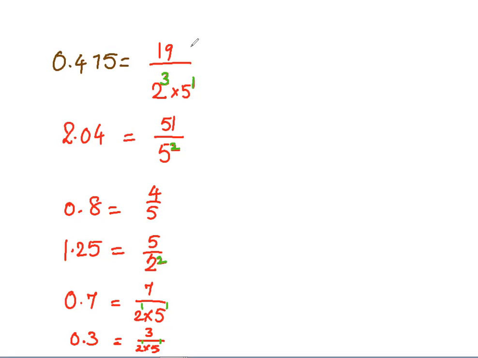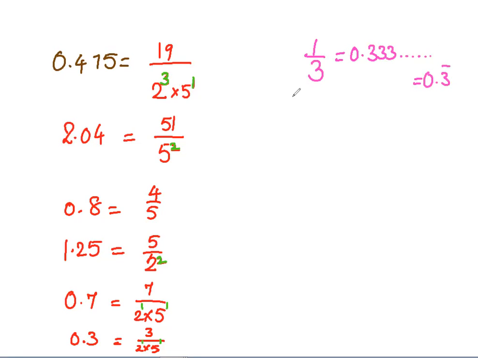If we write a prime number other than 2 and 5, which type of decimal fractions do we get? Let us check. If I write 1 by 3 and divide 1 by 3, you get 0.333 and so on. We get a non-terminating recurring decimal.